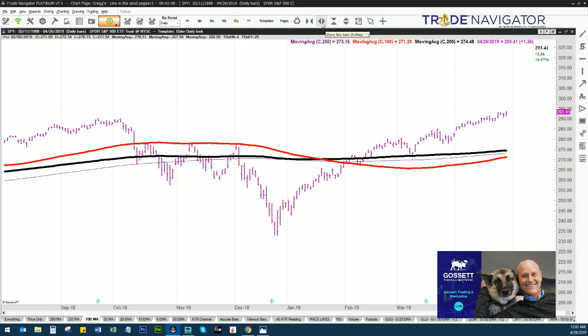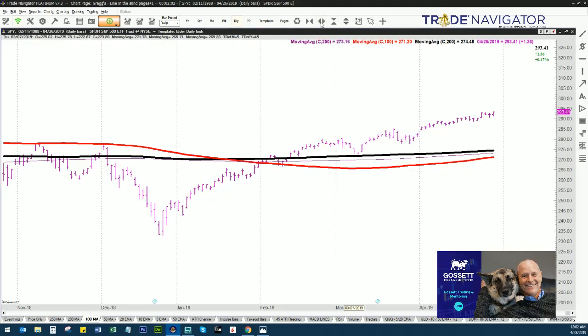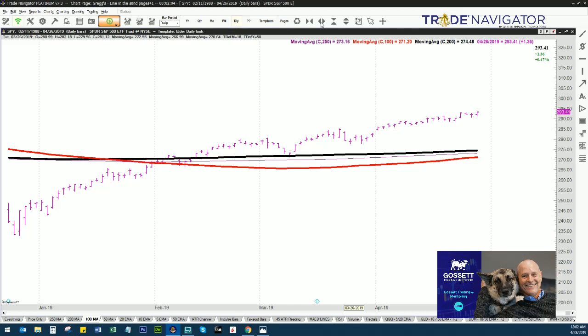I use the 100-day moving average in a really specific situation. If a stock has been moving up nicely like it is here, and it comes back down to the 100-day moving average at the same time the RSI is in the 30 to 35 range — I don't have the RSI up here right now — to me that's an excellent dip buying opportunity.